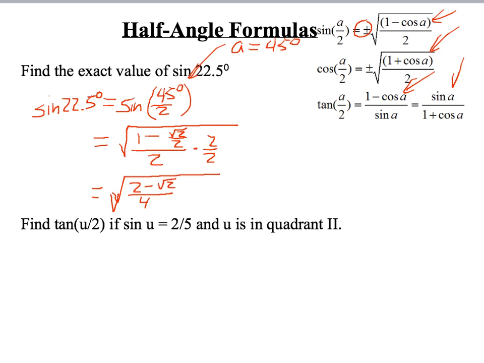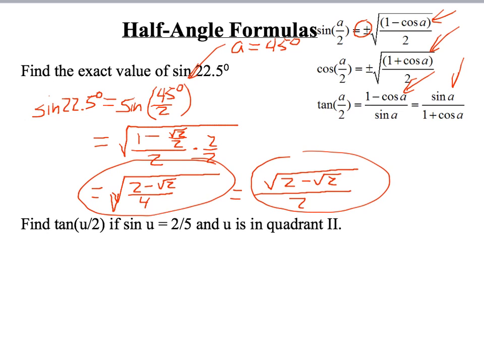From here, you could probably leave it as that. In fact, I think that's what I would do, just leave it as this. I don't think there's much you can do to simplify. Though, since the square root of 4 is a perfect square, you could go square root of 2 minus the square root of 2 all over 2. But either of these are acceptable answers.